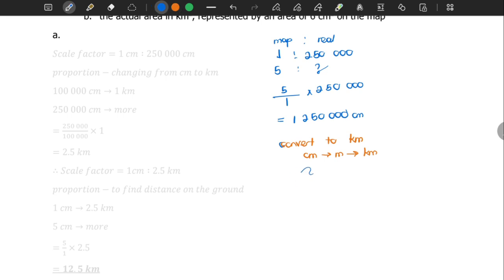So again, knowing that 100 centimeters is to 1 meter, so then 250,000, it's going to be more. So that means 1,250,000 over 100 times 1.